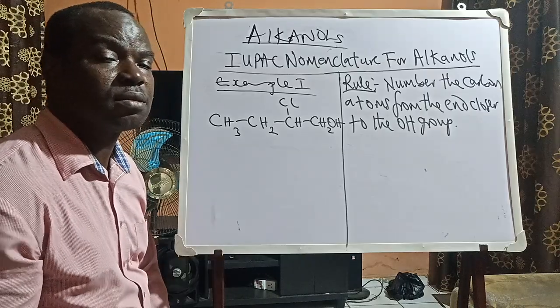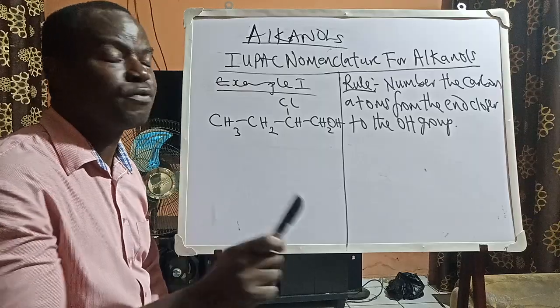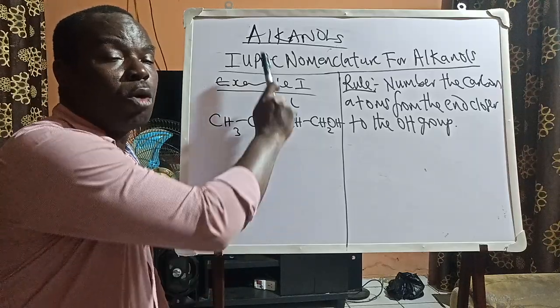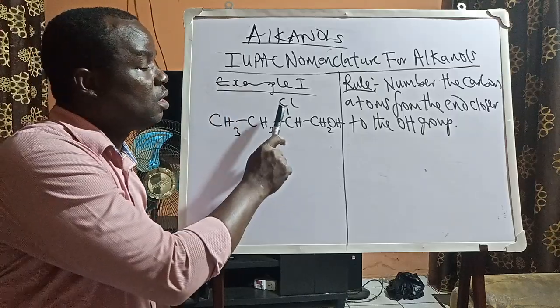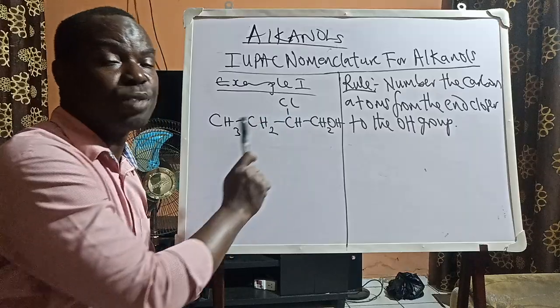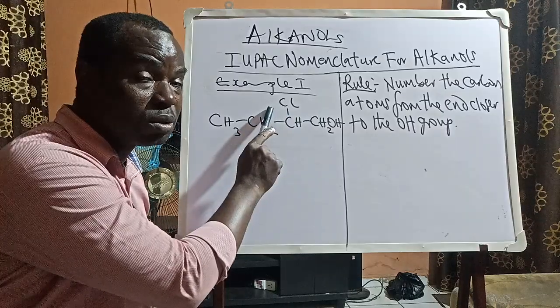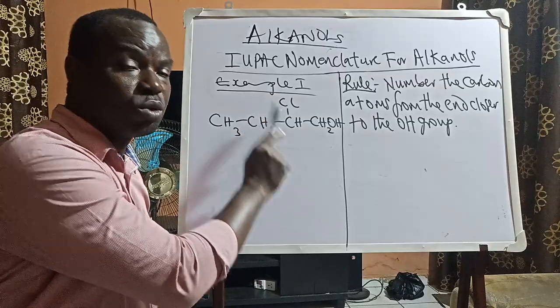Before you do that, first of all, check for anything that goes up or down. This Cl you are seeing here is one of those branches I gave you. It is chloro. Okay, so take note of that.